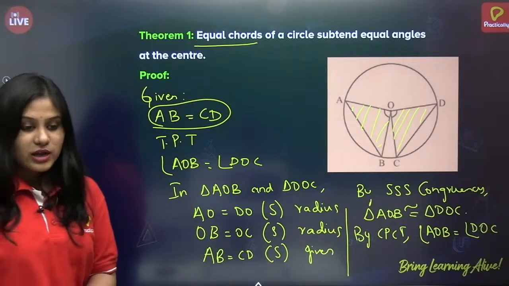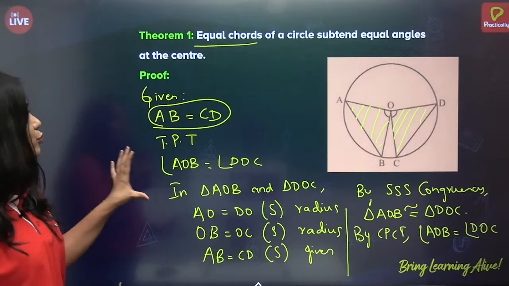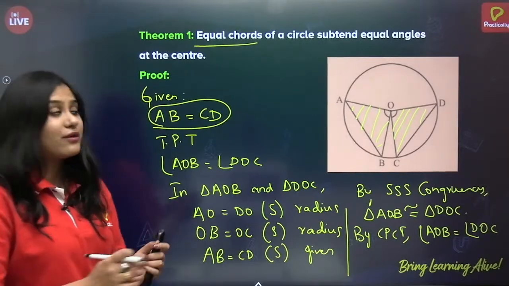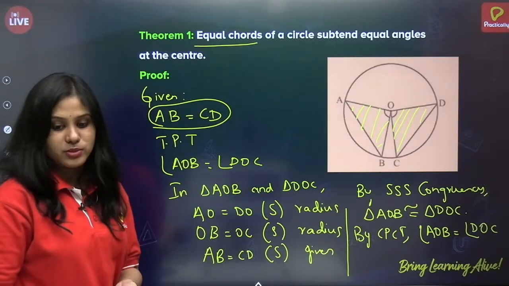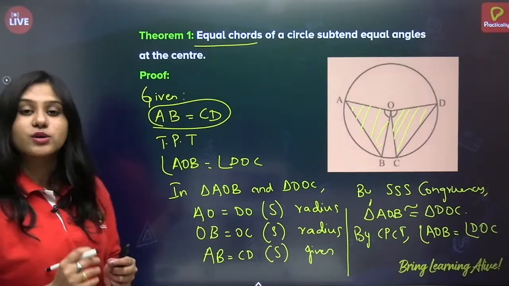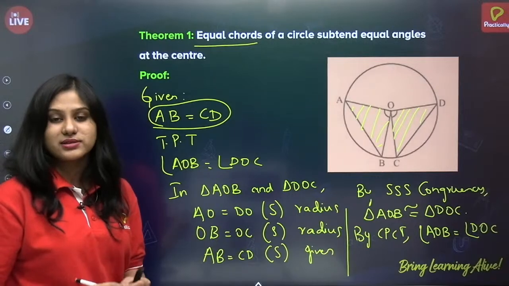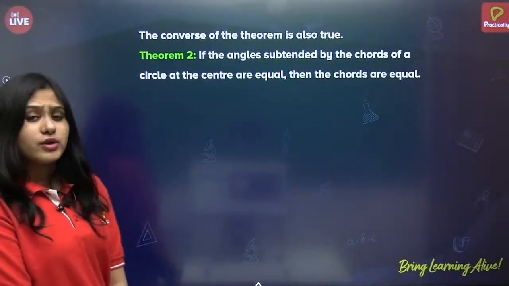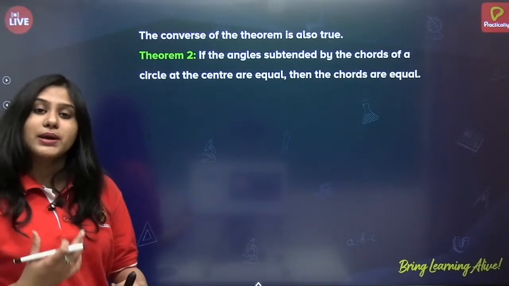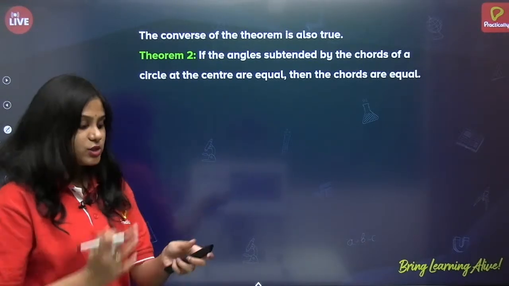Okay, so this is the proof of the given theorem and you have to remember this statement because it will be used in the further problems. What is it? Equal chords of a circle subtend equal angles at the center. Okay. Next, the converse of the theorem is also true. What is meant by converse? That is the reverse of the theorem.